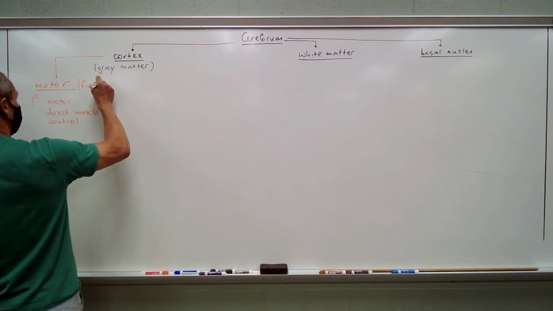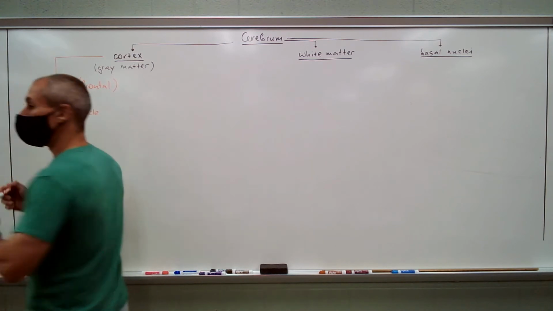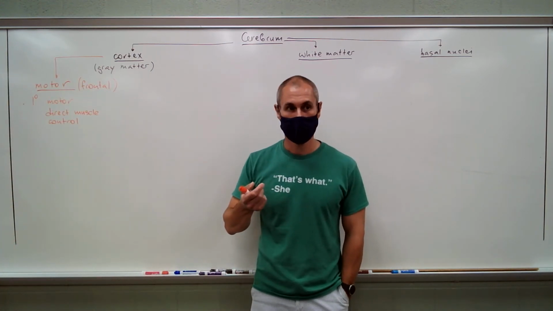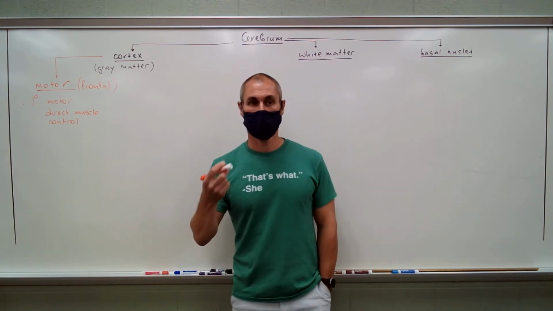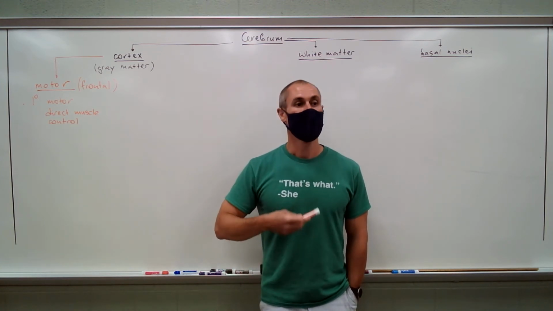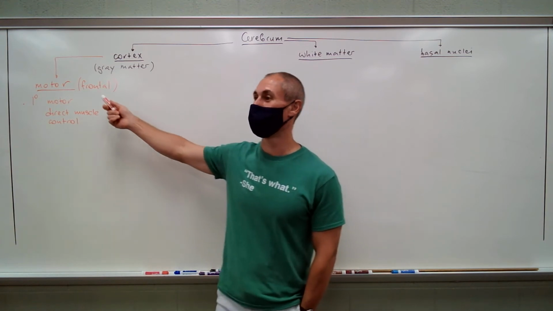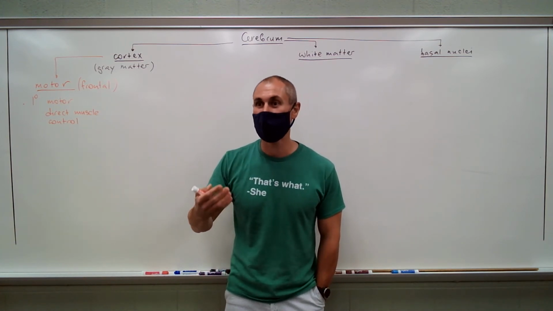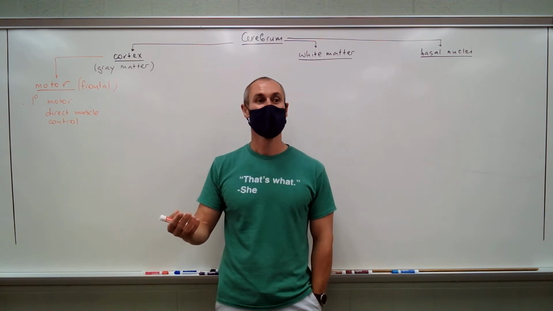You have to know that. So one of the most common types of stroke is the occlusion of the so-called middle cerebral artery. Middle cerebral artery supplies motor cortices. This is why so many people who experience stroke are paralyzed. Does that make sense?